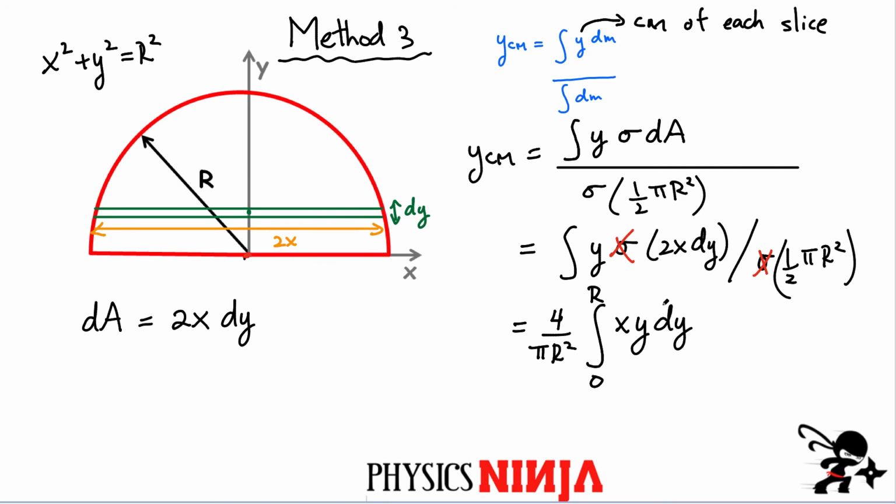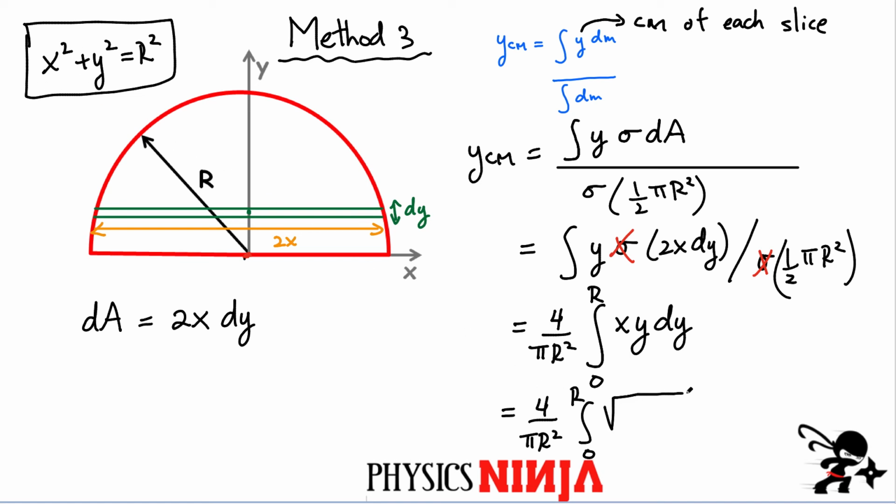Okay, so what I'm going to do now is I'm going to simply substitute in, get rid of x, since x is also a function of y, by using my equation up here. So we can write this out here as 4 divided by pi r squared, integrate from 0 to r. Now the x value, again, if you isolate x over here, what you end up getting is a square root.